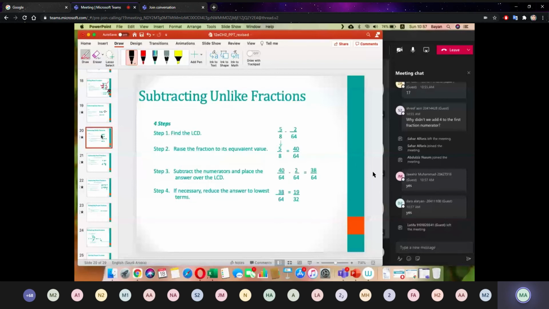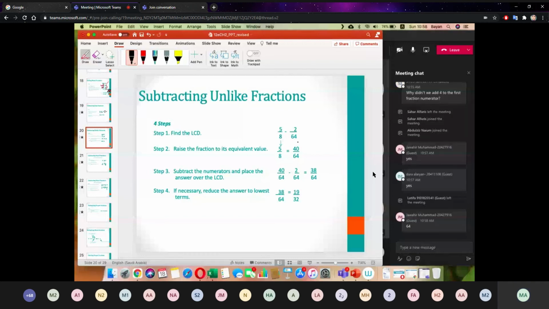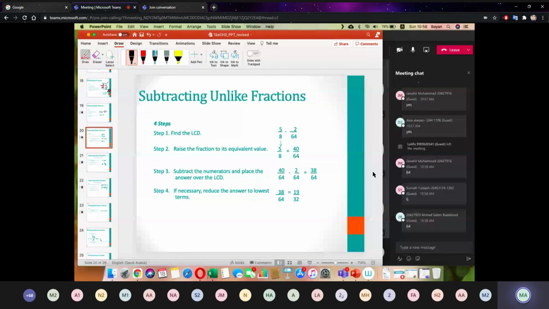Here we have subtracting unlike fractions. Here we have 5 over 8 minus 2 over 64. We need to find the least common denominator. What is the least common denominator here? 64, right? 64 is the least common denominator.